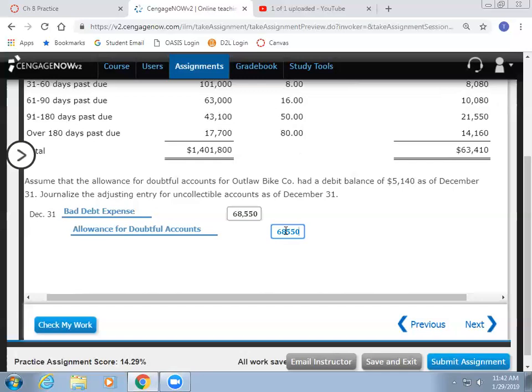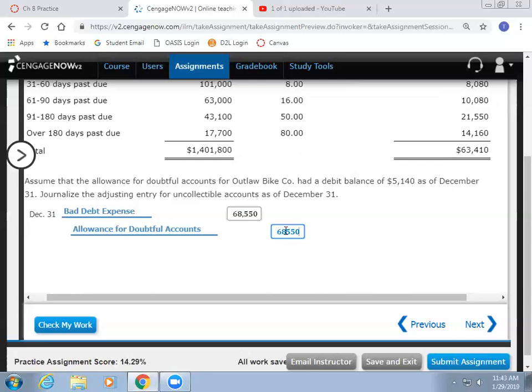So if you see that on the homework, which I'm pretty sure you have one, or on the quiz or test or anything, if you're using percent of sales, don't worry about the balance in allowance for doubtful accounts. Whatever percentage you calculate is what you're going to write off to bad debt expense. So it's easy. We like percent of sales.